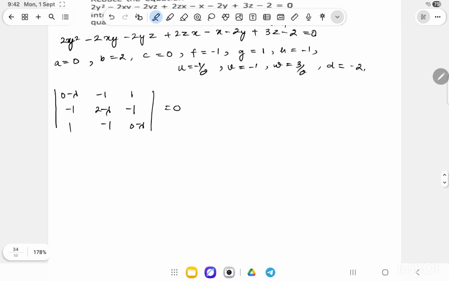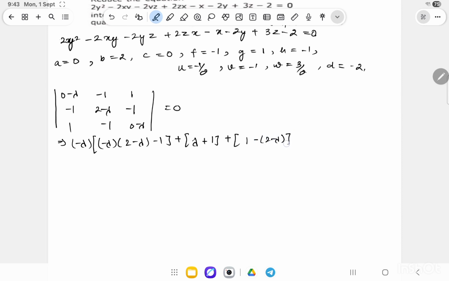So if I solve it, I'll be getting minus lambda into 2 minus lambda minus 1 plus lambda plus 1 plus 1 into 1 minus 2 minus lambda is equal to 0.